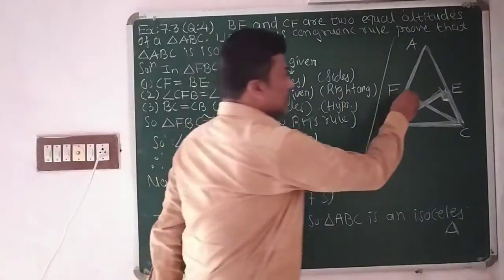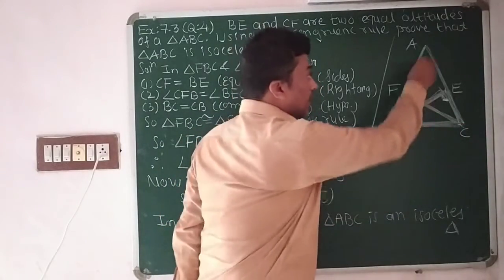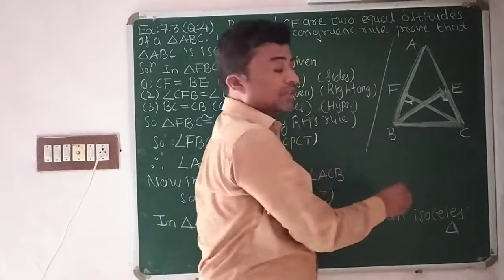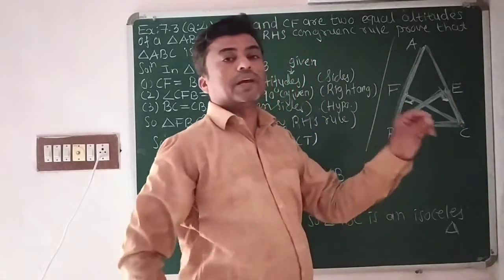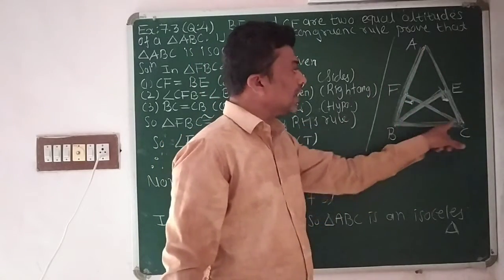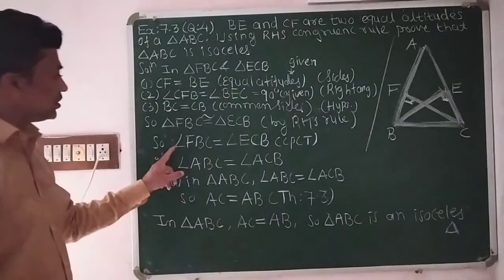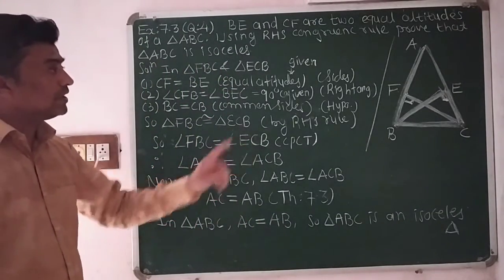Now see children, this is angle FBC and this is angle ABC. Both angles are same, so instead of angle FBC, I can write angle ABC. Now angle ECB.